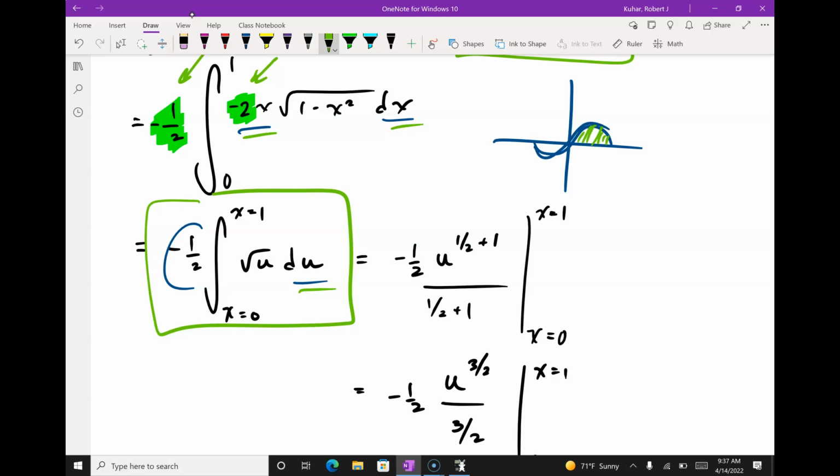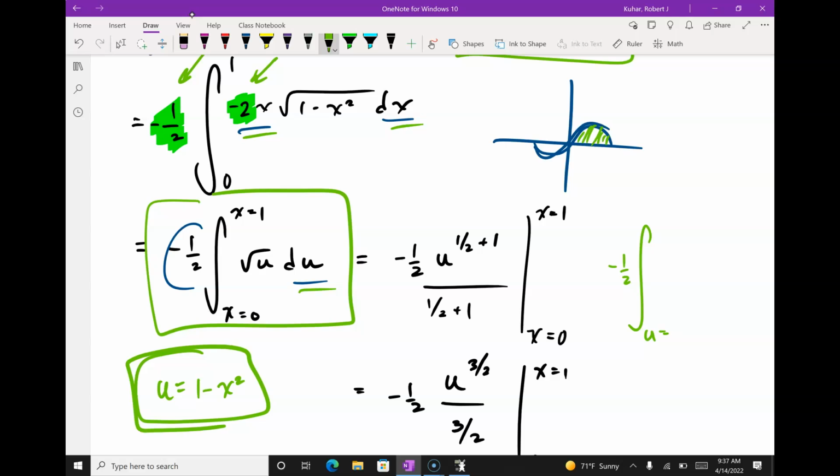I have the choice to change it for my bounds. What would my bounds be? Remember, u is 1 minus x squared. So what would my integral become if I change those bounds to u? If I plug in a 0 here, what do I get for u?